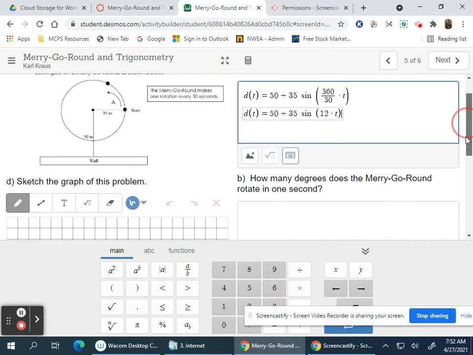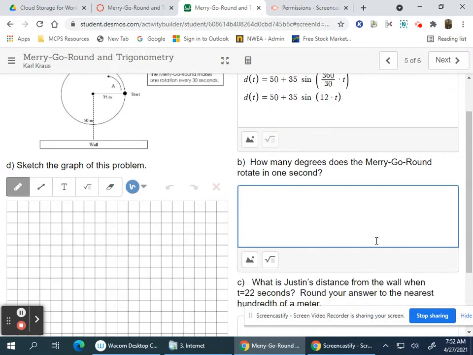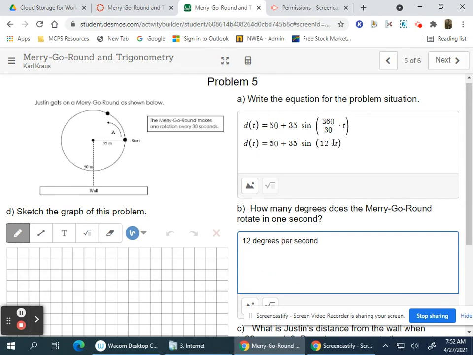So how many degrees? 12 degrees per second. That's still 360 divided by 30. 360 degrees divided by 30 seconds is 12 degrees per second. Or you can look right there.